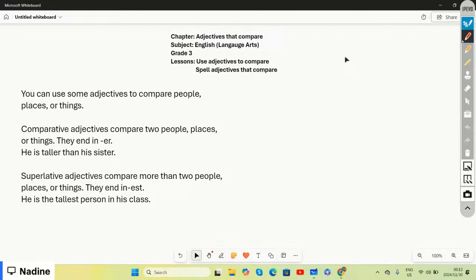So when it comes to adjectives that compare, we can use adjectives to compare people, to compare places, or to compare things.